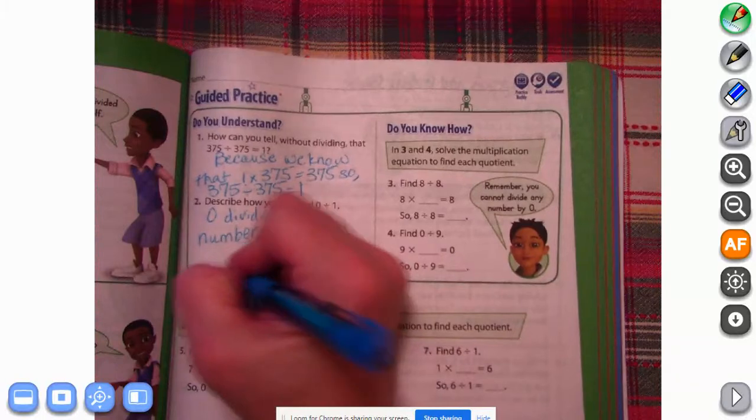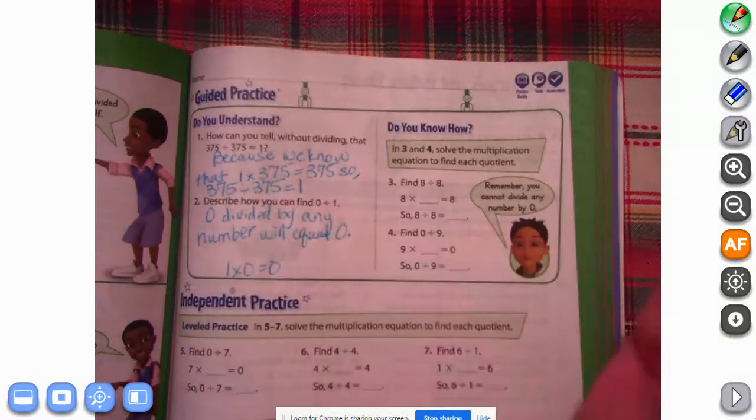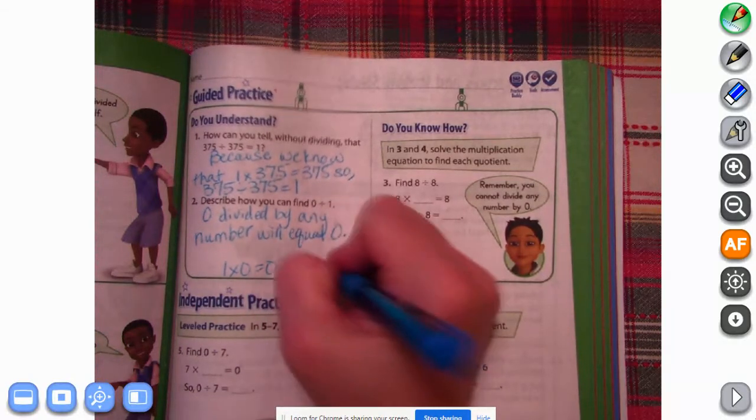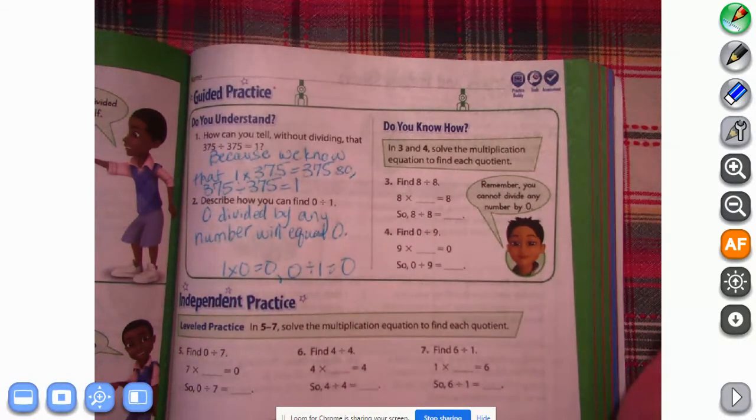So if we have 1 times 0, it's going to equal 0. So if we have 0 divided by 1, it will equal 0. Go ahead and pause if you need to get all of this written down.